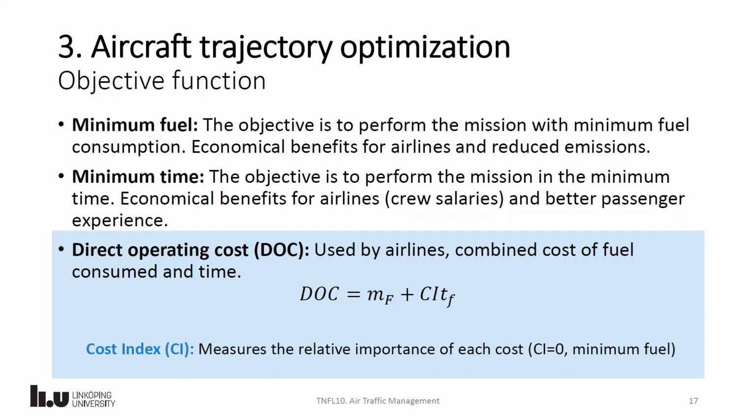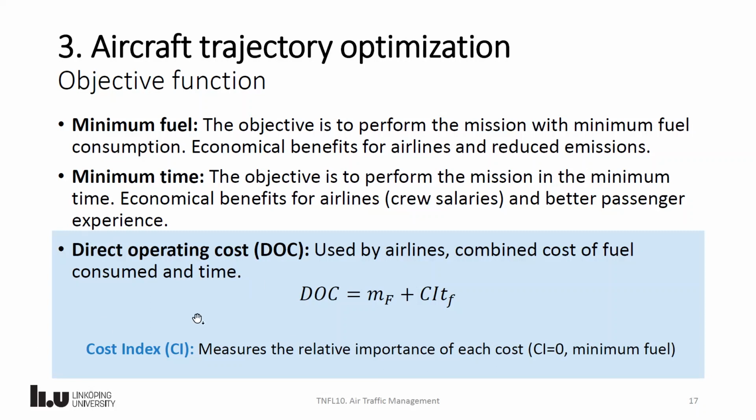So airlines have to take into account both costs, and they try to decide what cost index is more beneficial for them. Either they want to spend less on fuel, or they want to mitigate the costs of taking longer flights.